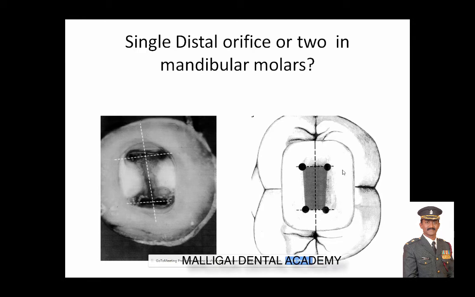This is called the law of symmetry, which helps us know whether we have a single distal canal and orifice or two distal orifices. The law of mirror images or the law of symmetry helps us in mandibular molars.